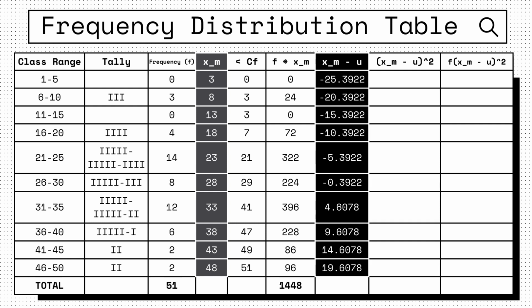For 31 to 35, we have 33 minus the mean, which is equal to 4.6078. For the class range 36 to 40, we have 38 minus the mean, which is equal to 9.6078. For the class range 41 to 45, we have 43 minus the mean, which is equal to 14.6078. For 46 to 50, we have 48 minus the mean, which is equal to 19.6078.